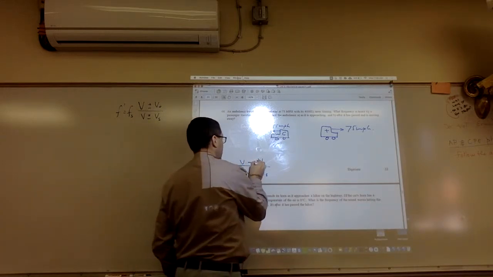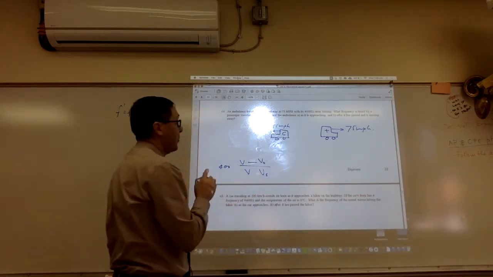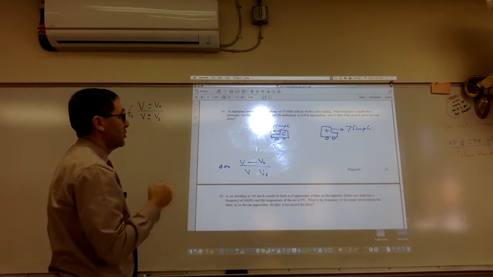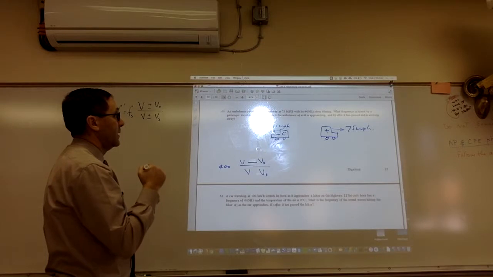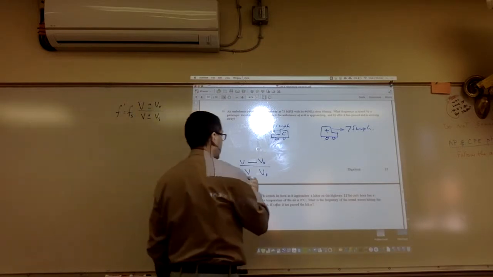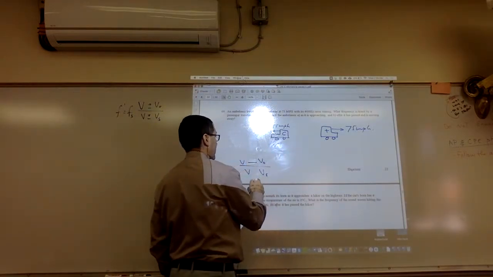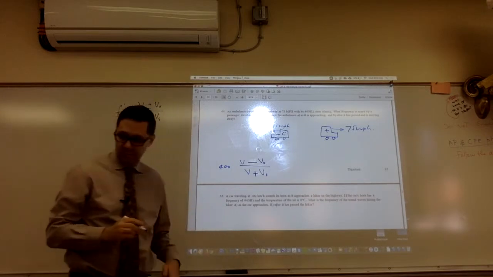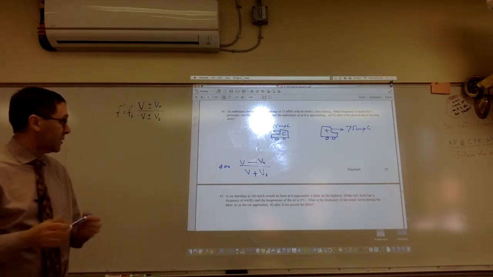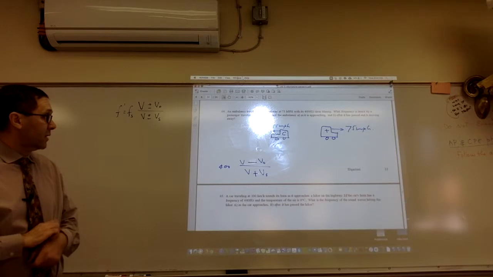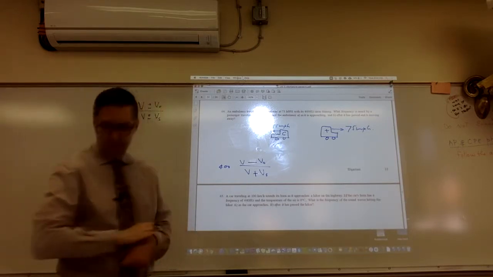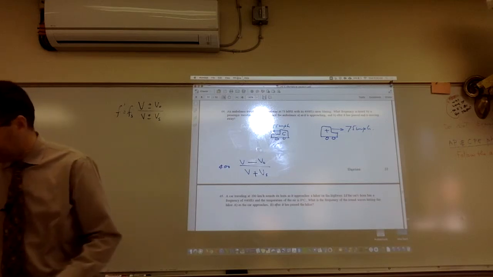So this should be a minus. But the ambulance is also going away from the car, so we should expect a lower pitch. So in order to expect a lower pitch, you have to make this bottom greater. So you have to put a plus in there. And then the rest is just plugging numbers into the calculator. So the observer here is the car, and the source is the ambulance.